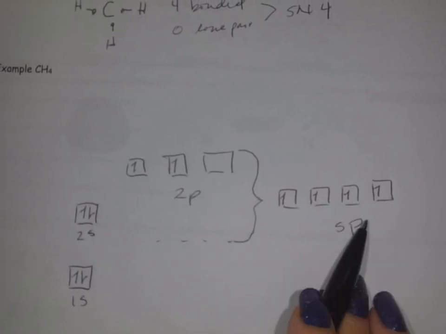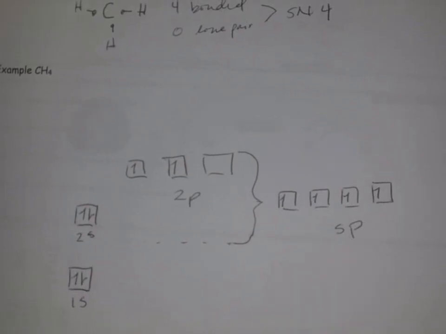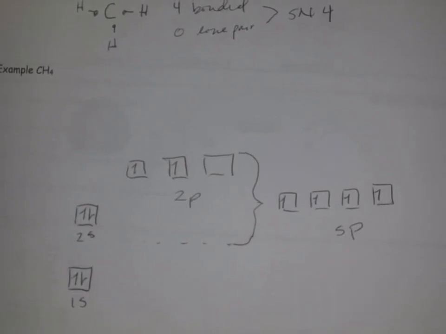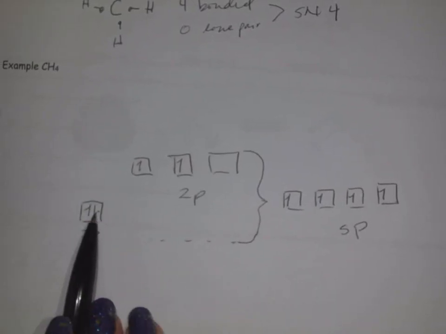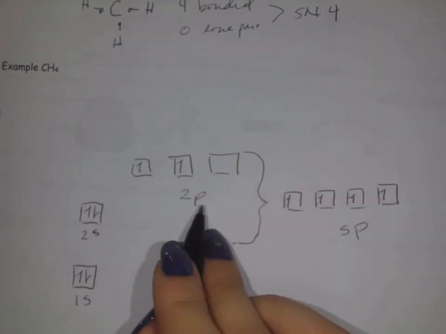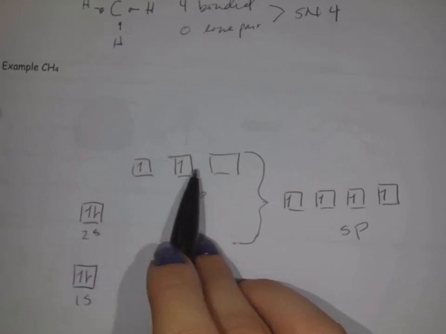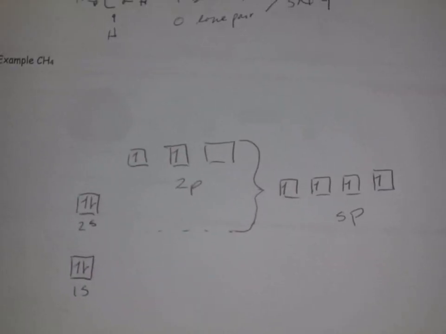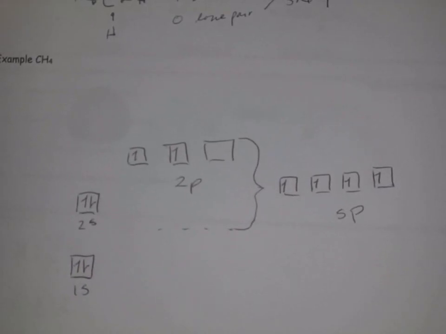And we would even clarify on this how many are coming from each. Like s sublevels only have 1 orbital, and this is a 2p here, and it has 3 orbitals, and so we clarify this when we do hybridization.